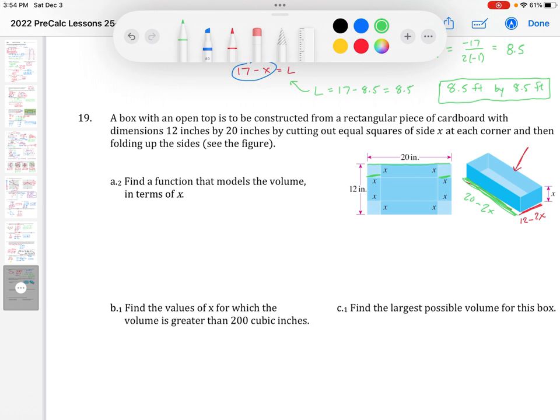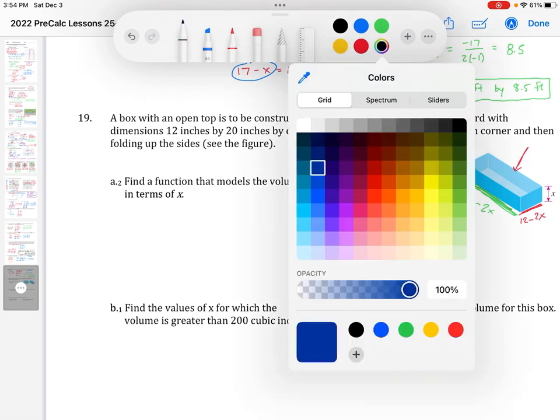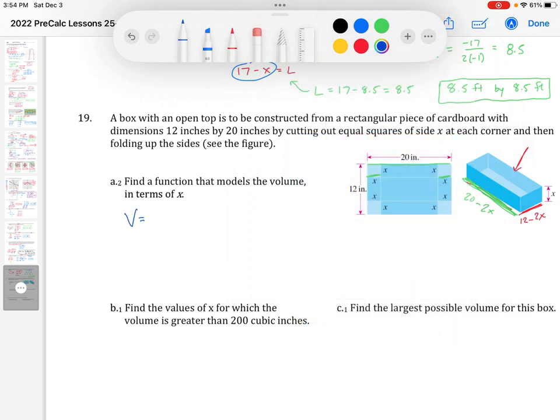So now we have the 3 dimensions we can multiply together to get the volume. So the volume of this box is those 3 pieces multiplied together. So X is our height times this 12 minus 2X is our width times the 20 minus 2X is your length.